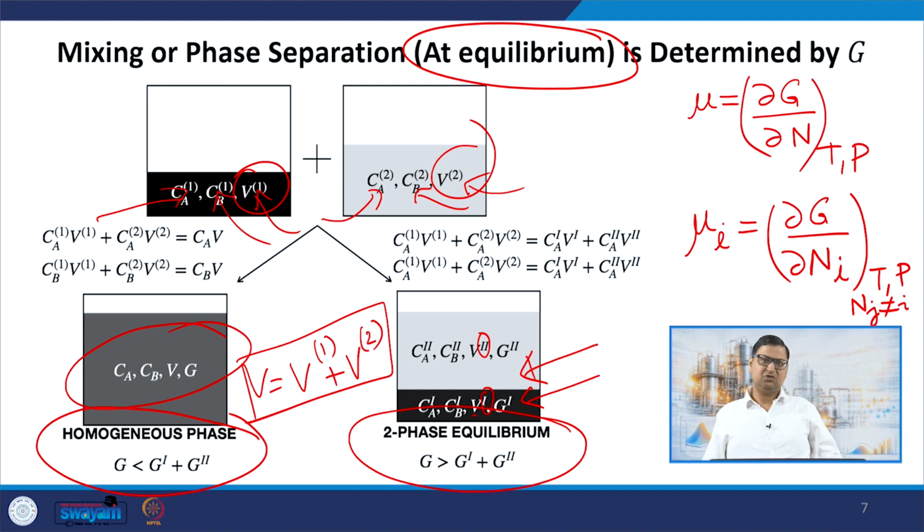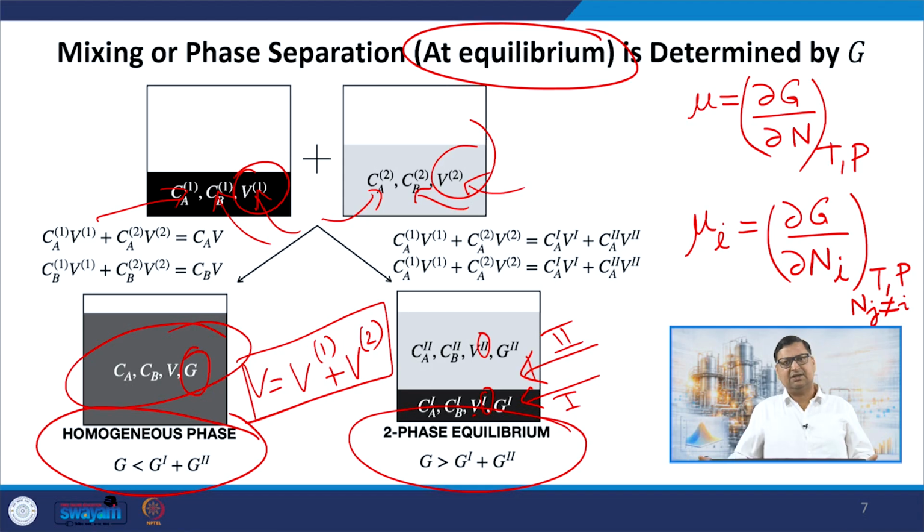And now, which of these is going to happen? Whichever gives me a lower value of the Gibbs free energy, right. So, let us say, for example, G is the Gibbs free energy in the mixing case, and G1 is the Gibbs free energy of phase 1 here, and G2 is the Gibbs free energy of phase 2 here.